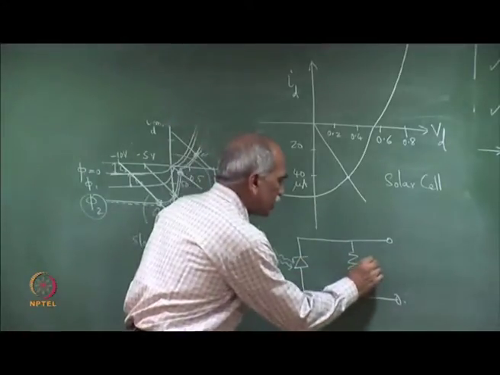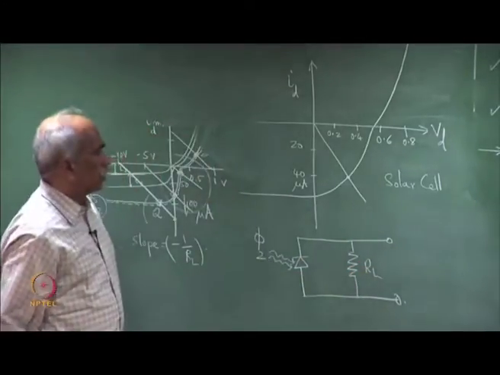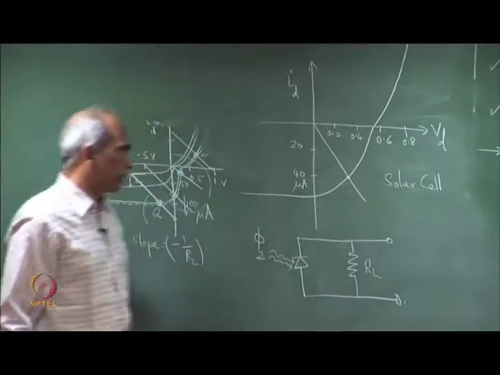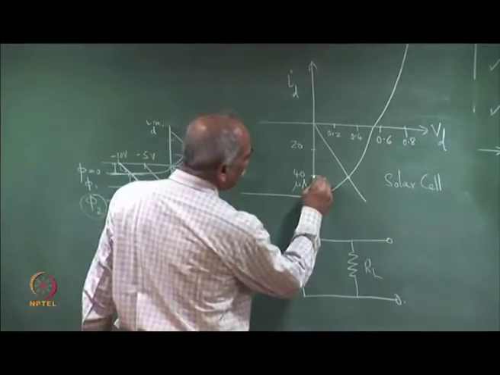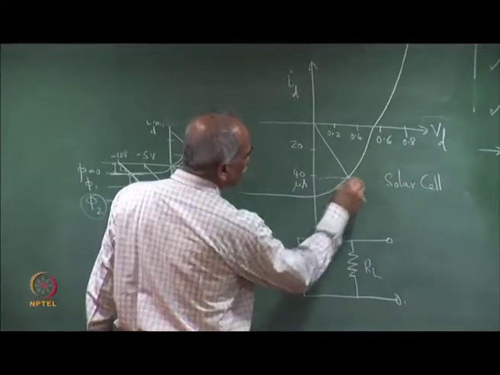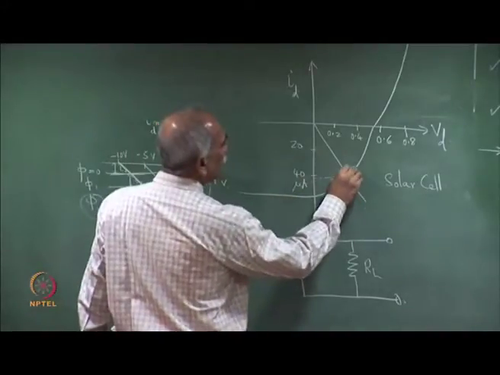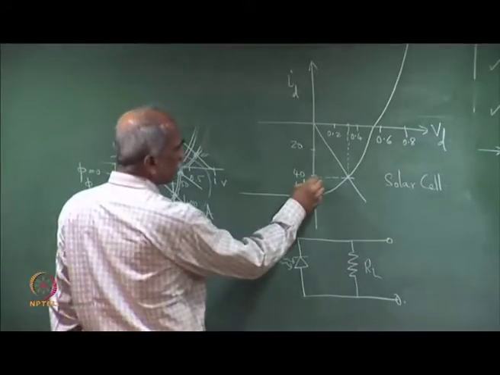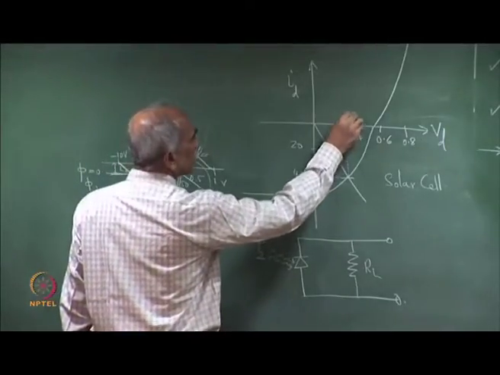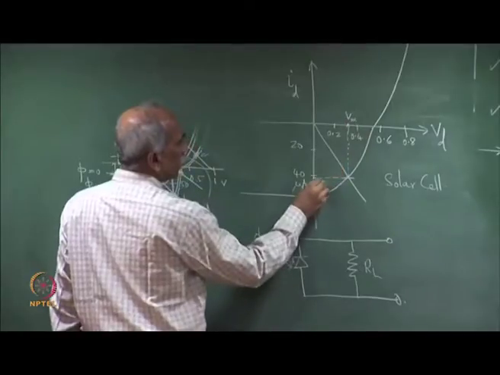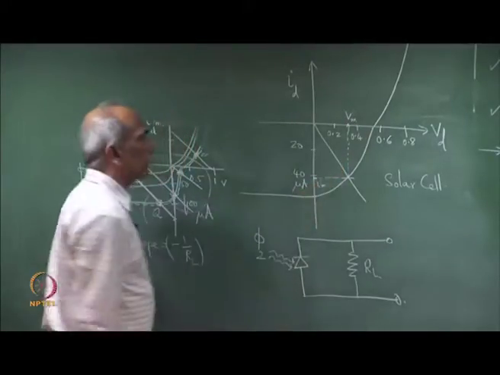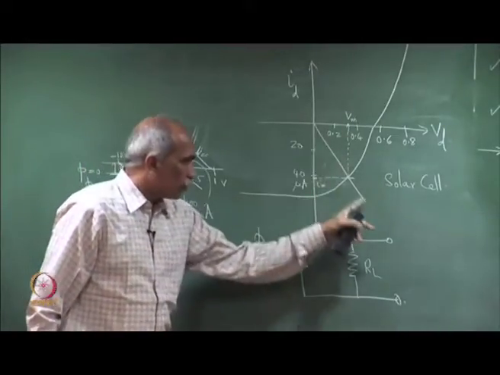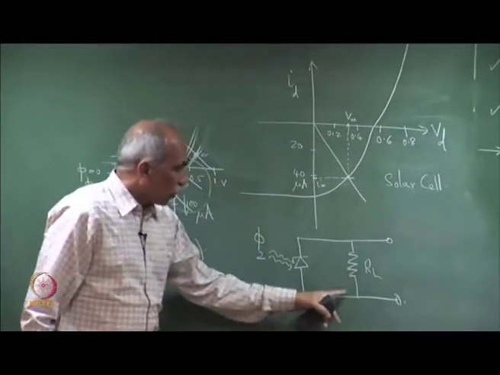Depending on the load resistance R L, if an incident photon flux phi 2 is incident on the photodetector, then it will generate a current which corresponds to this and a voltage across the resistance here. So, this is the current and this is the voltage. Let us say V m and I m, the photovoltage and the photocurrent.